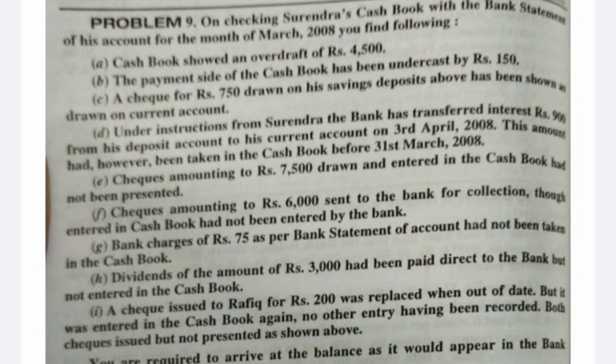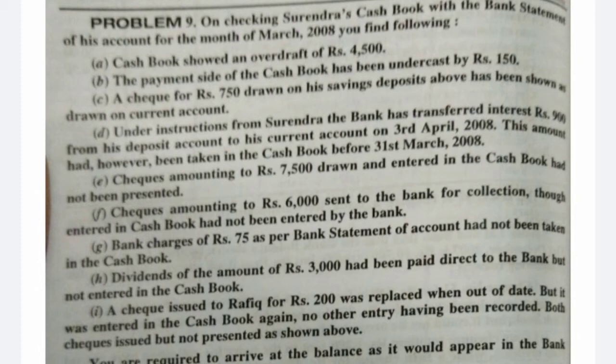Next one, bank charges of rupees 75 as per the bank statement had not been taken in the cash book. 75 is an expenditure to Surendra. It is recorded in the passbook, but we need to see the cash book. In the cash book, this expenditure is not getting credited on the payment side.